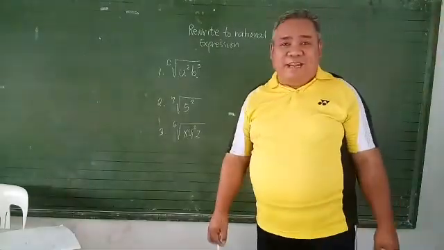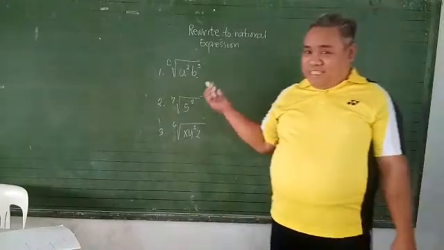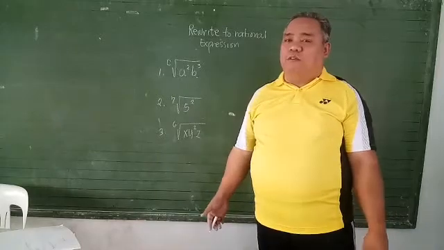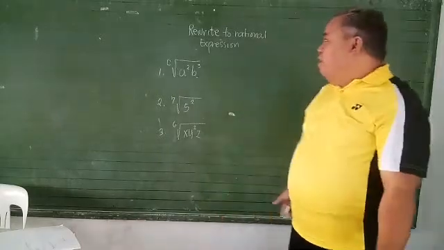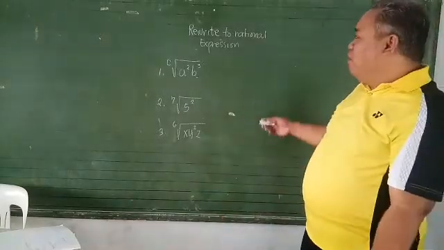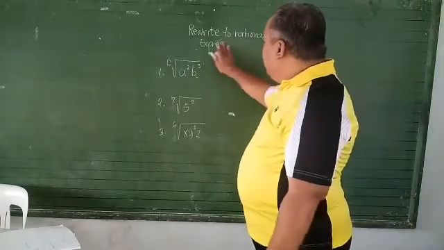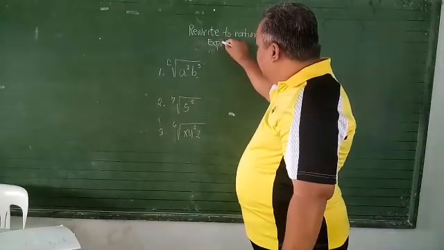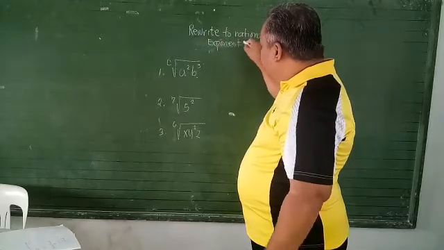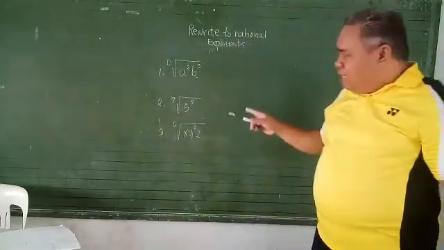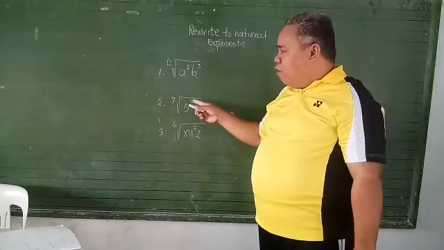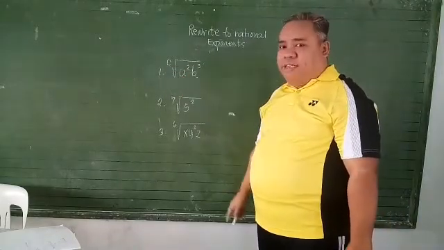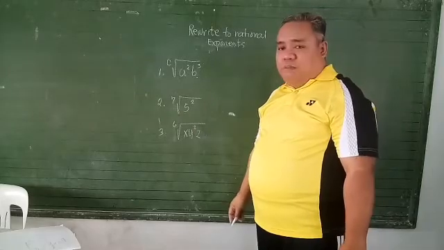This time, we're going to take the radical expression and transform it into a rational exponent. In this case, we read this as the c root of a squared times b cubed.